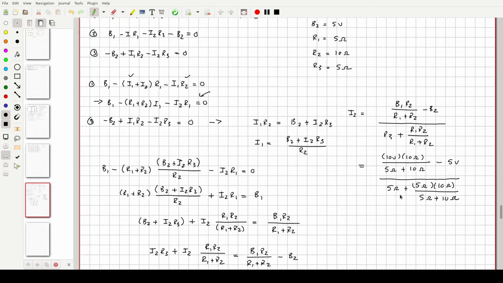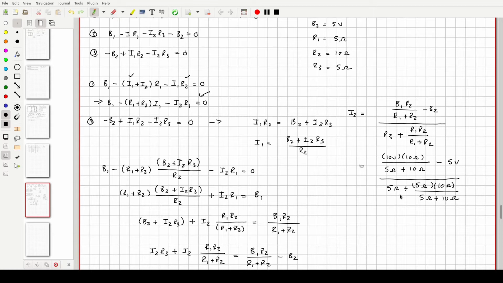And now it's just an issue of plugging it into a calculator. 10 times 10 is 100 divided by 15 minus 5.